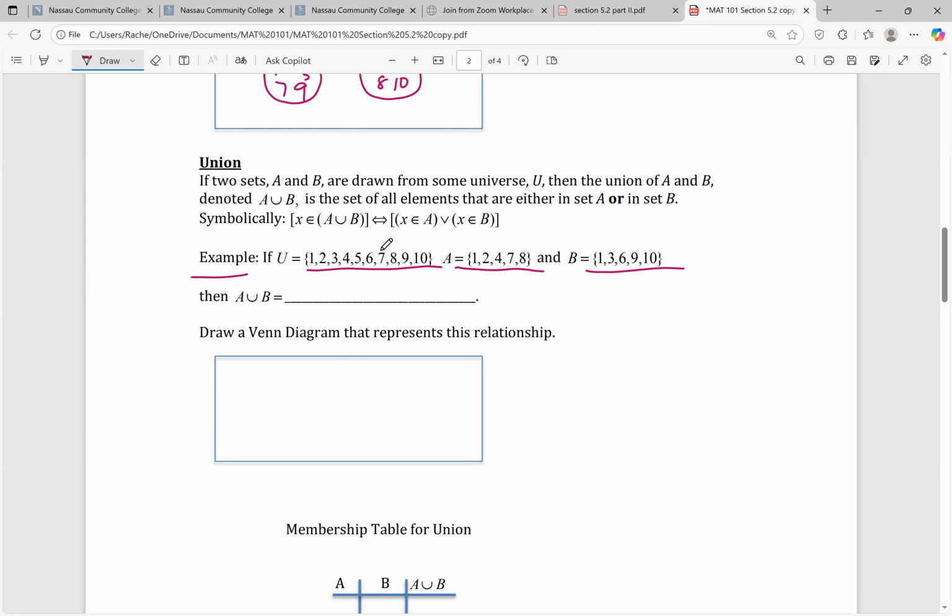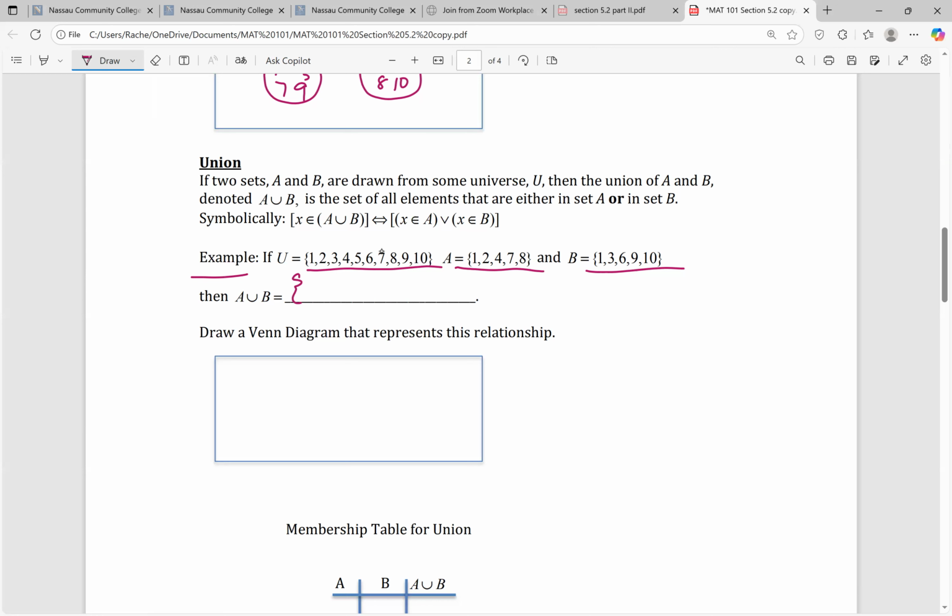Let's find A union B. So in other words, we're going to join the two sets together. So we're just going to include everything between the two sets, right? So both sets A and B have 1. A has 2. B has 3. A has 4.